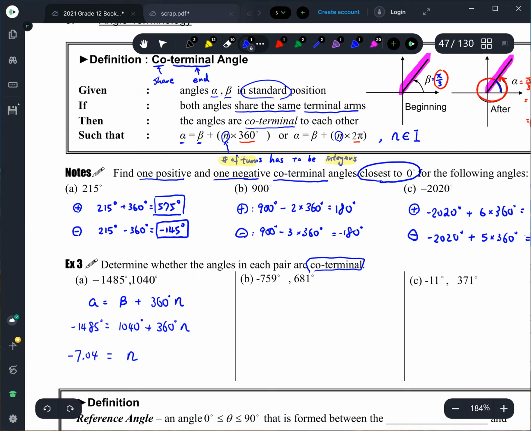Okay, so does that mean they are coterminal or not? No, because there's a fraction. Yeah, okay, so it's a little bit more than 7 turns, right? So if you see a decimal answer or fraction answer, then this one is no, not coterminal.